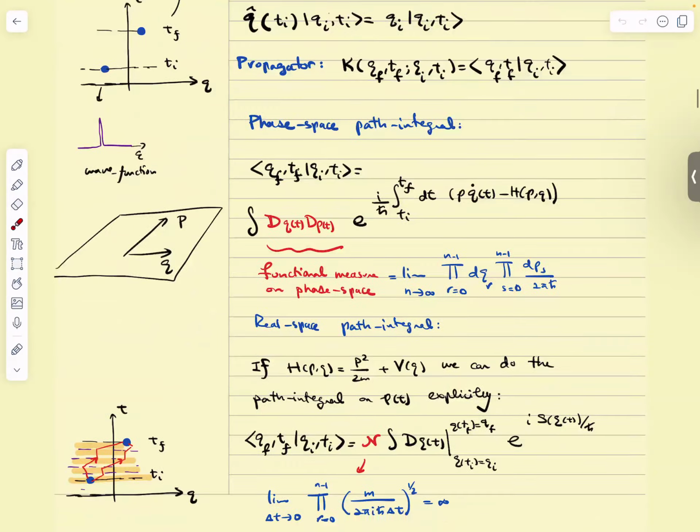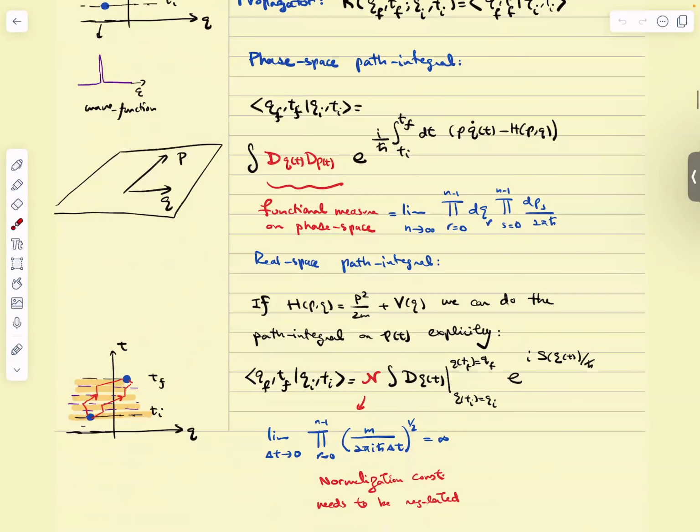All right. Then we said that if you happen to have a Hamiltonian as a function of p and q, that is p squared over 2m plus V of q. What matters is that the Hamiltonian looks like p squared over something plus V of q.